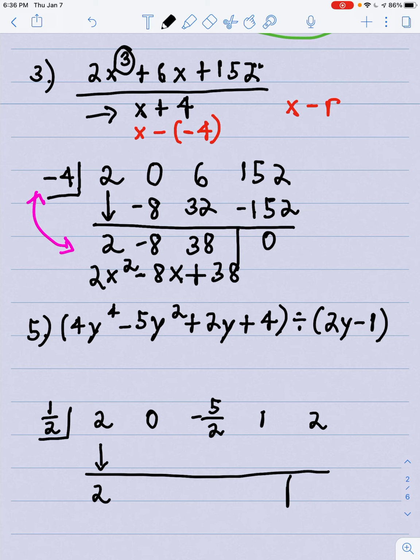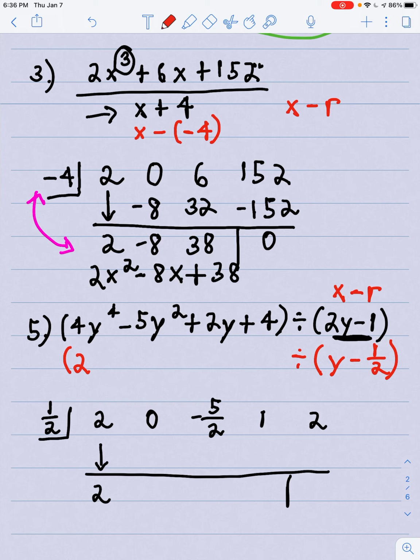Let's try one more. In this problem, we've got a problem with our divisor because it's obviously not of the form x minus r. So what we're going to have to do is divide our divisor by 2 so that we get it in the form x minus r, or in this case, y minus r. And if we divide the divisor by 2 to get the right form, we have to divide the dividend by 2.